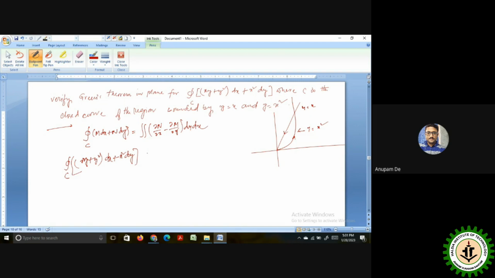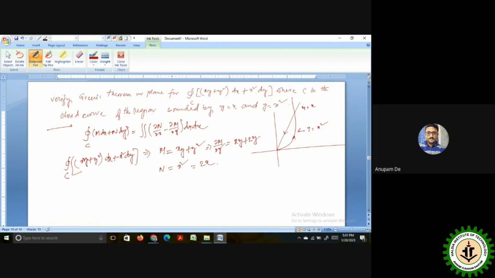Here I can say that M equals xy plus y square and N equals x square. So del M by del y, what will that be? It is x plus twice y, and del N del x equals twice x. Clear?